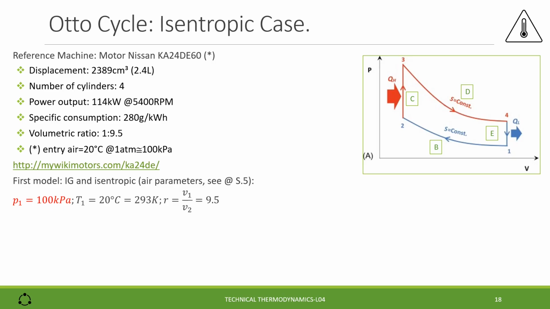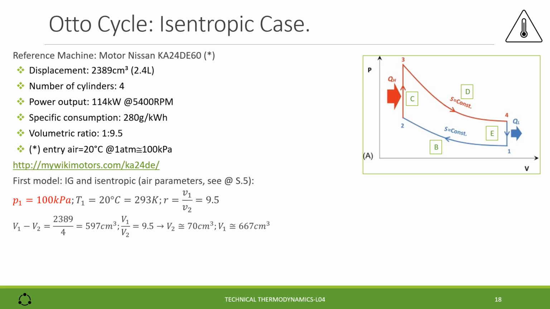We call R the volumetric ratio, which is the ratio between the specific volumes of states 1 and 2, and it is also the ratio of the volumes, capital V1 over capital V2.